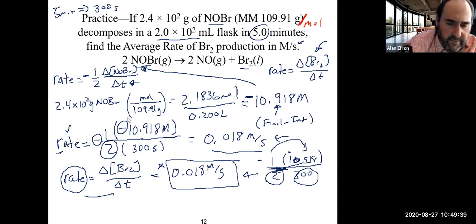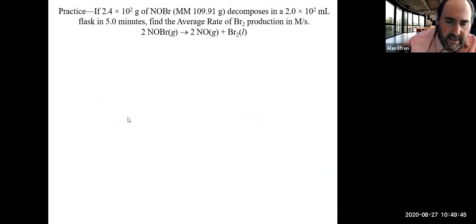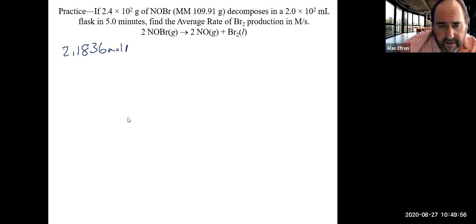I'm just going to pick it up with our moles of NOBR, which is the 2.1836. So just like we started the other one, we could calculate the moles of that NOBR, which was 2.1836 moles of NOBR.